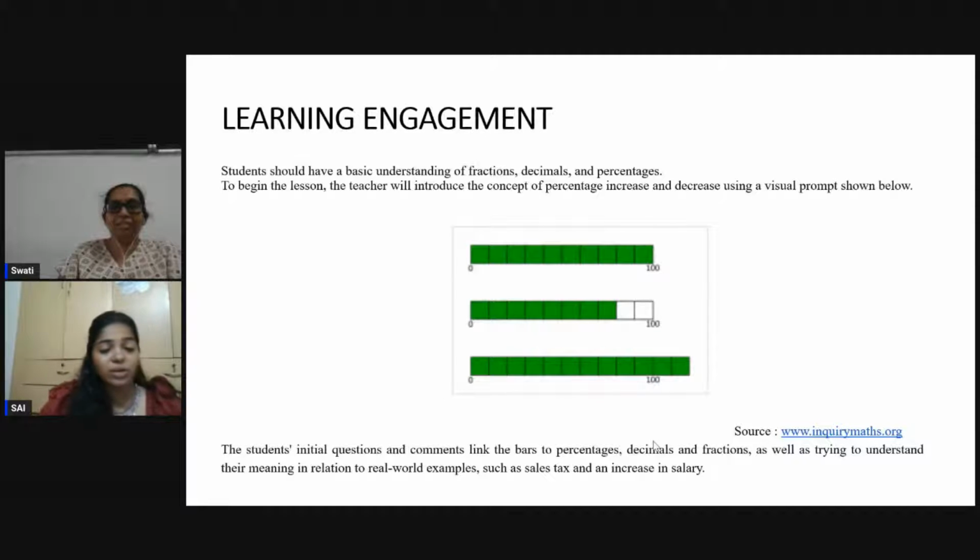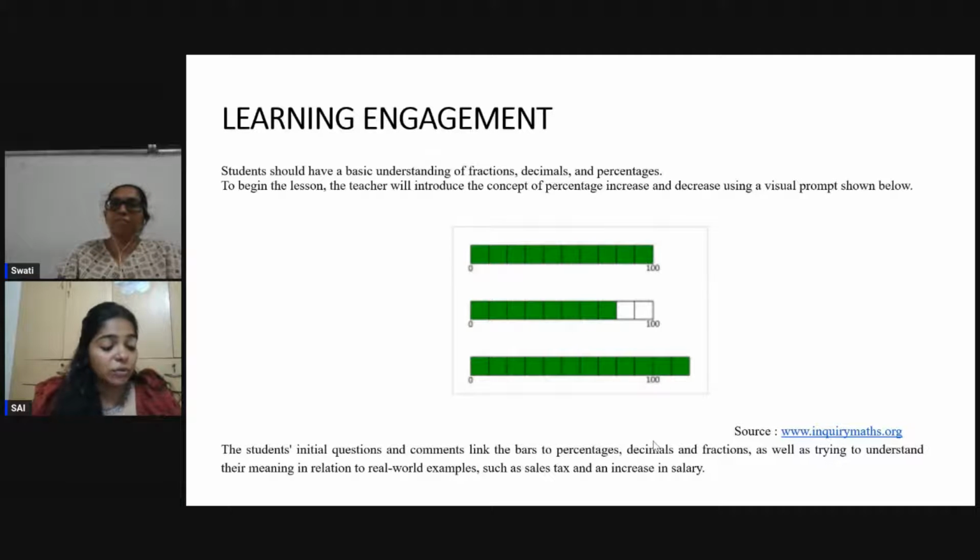And to wrap up the entire session on percentage increase and decrease, we emphasize the importance of understanding it in everyday life. Why is it important for us? So we try to elicit responses from the students themselves rather than giving it out to them.